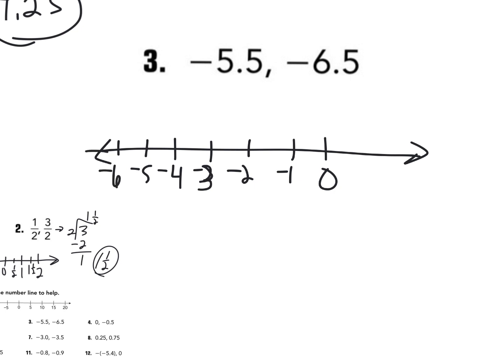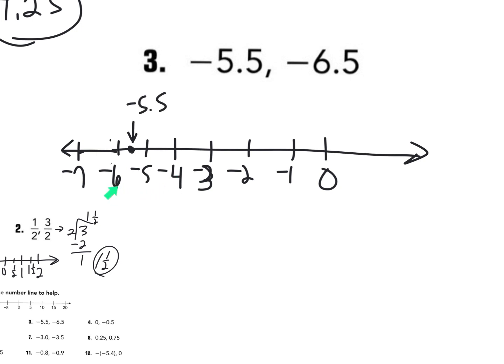Okay, so negative 5.5, we're starting from 0, passing up negative 5, but not quite getting to negative 6. So halfway in between here, this would be negative 5.5.